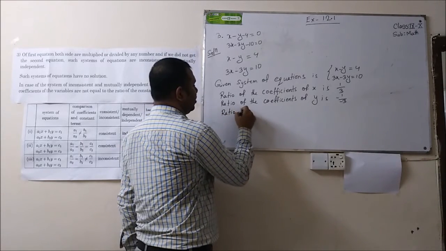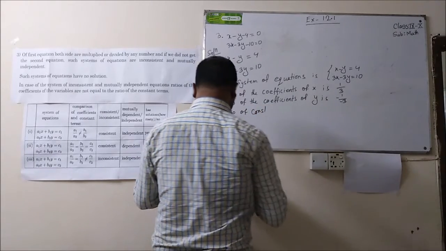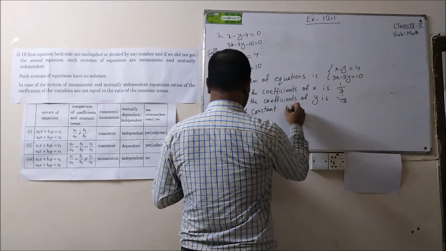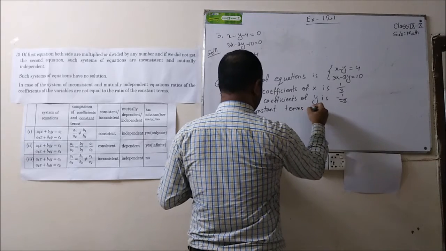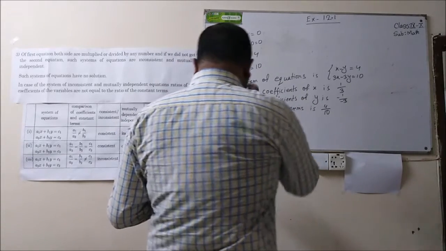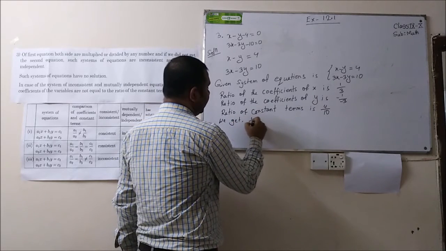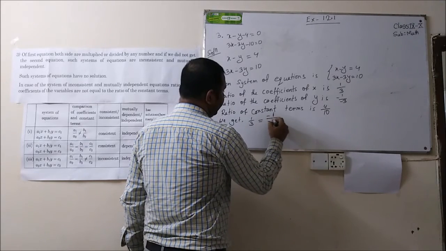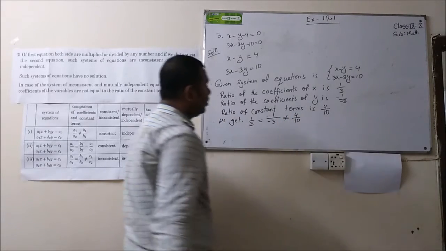Ratio of the constant terms is 4 by 10. So you can see we get here 1 by 3 equal to minus 1 by minus 3, not equal to 4 by 10, right?